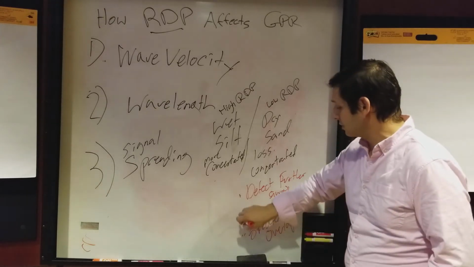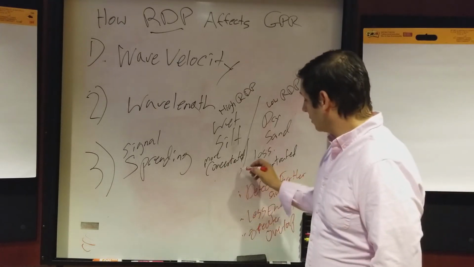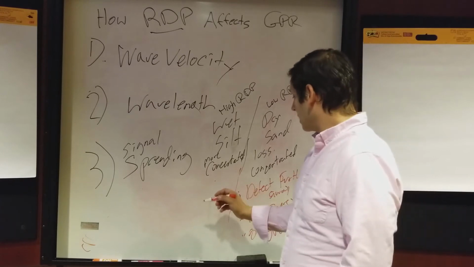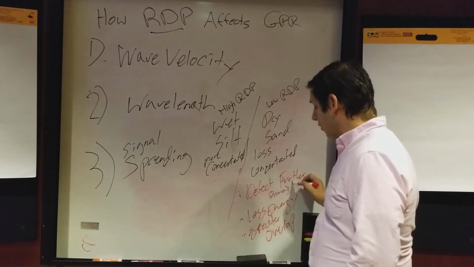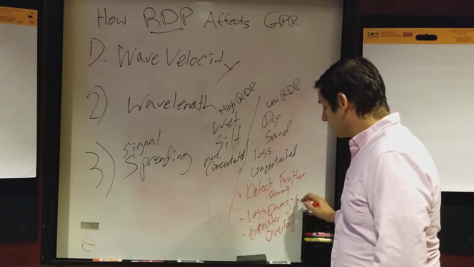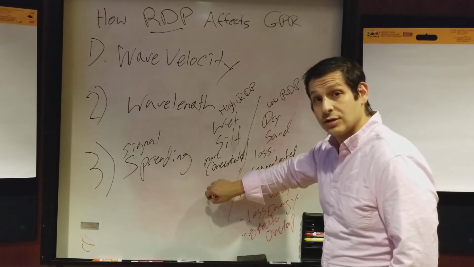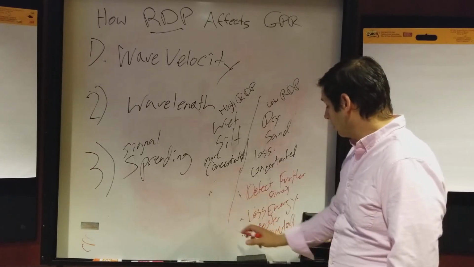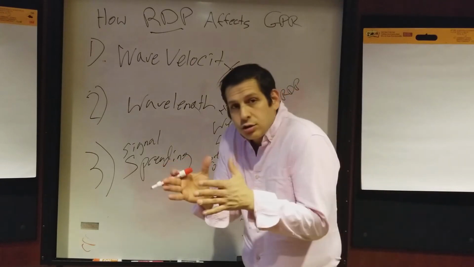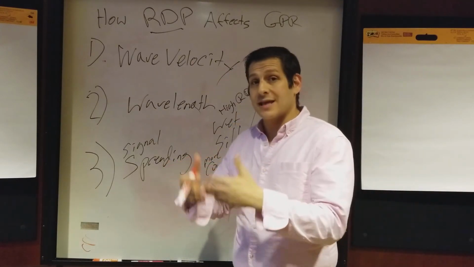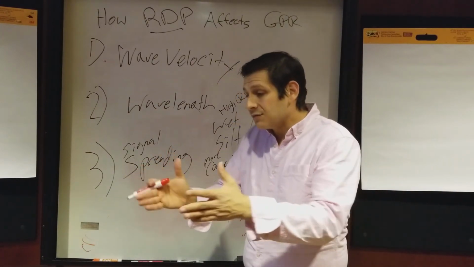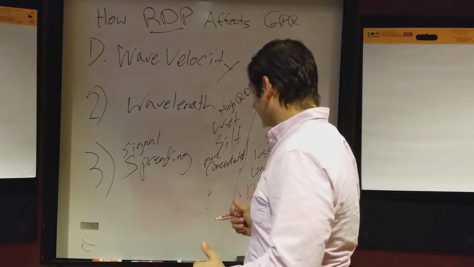Over here, obviously, you won't be able to detect as far away, with less energy. You'll have more concentration of energy, and then you'll have to have closer transect spacings in order to get that overlap.